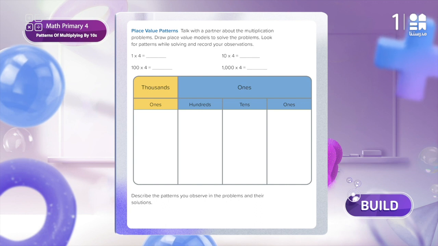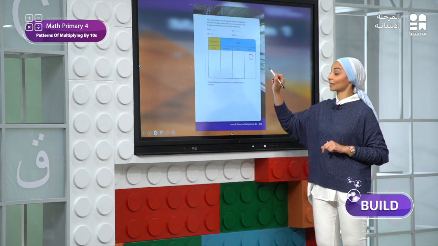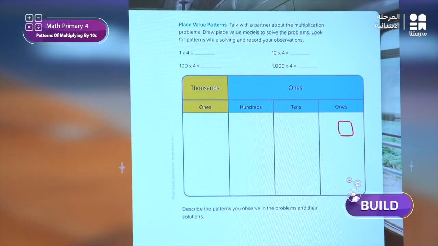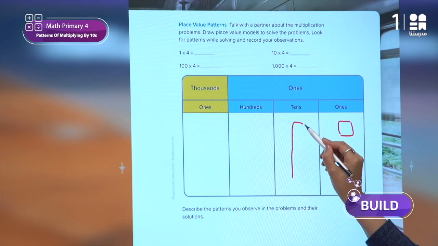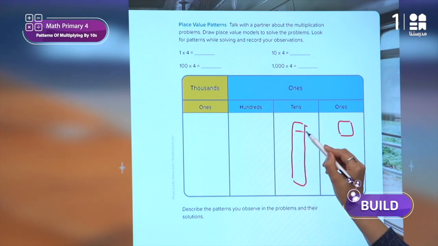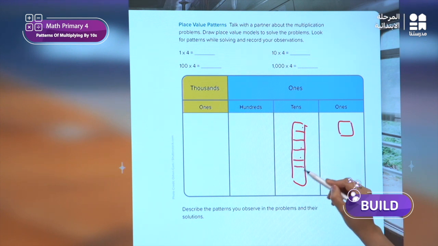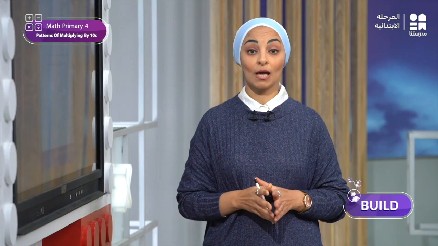Now I am sure you still remember that we use a tiny square for the ones like this. Didn't we draw the 1 like a tiny square? What about the tens? How did we draw the 10? Yes, it's like a rod of 10 units like this. The rod consists of 10 units, right? 1, 2, 3, 4, 5, 6, 7, 8, 9, and 10 units.